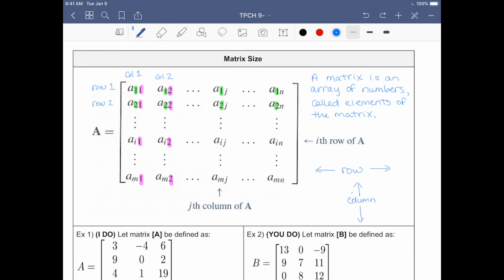So in this matrix, I have a total of m rows and I have a total of n columns. The size of the matrix is going to be the number of rows by the number of columns I have. And I usually write that right around here for the matrix whenever I'm looking at the dimensions or trying to find the size of the matrix.